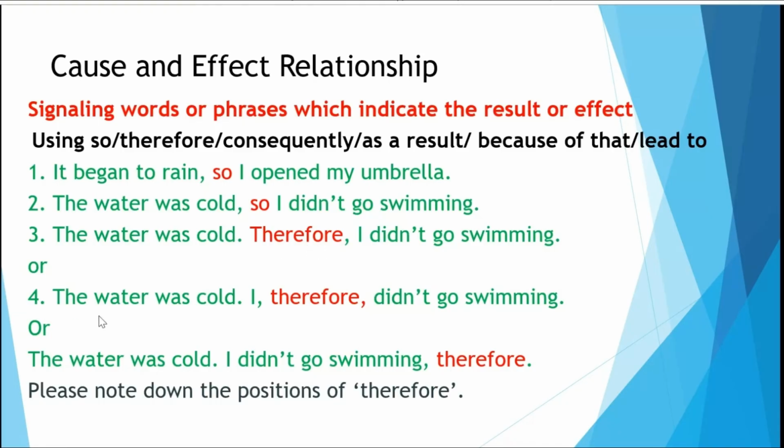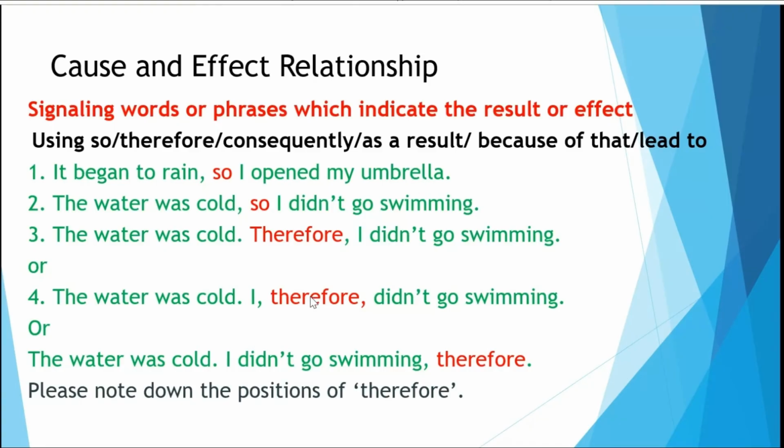Another way is to put a full stop after the first sentence, and then put the subject at the beginning, followed by a comma, then therefore in the middle between the subject and the verb, then another comma, and then the verb, "I, therefore, didn't go swimming."